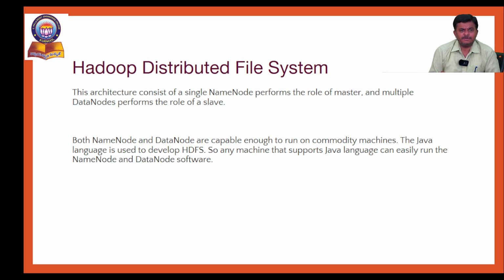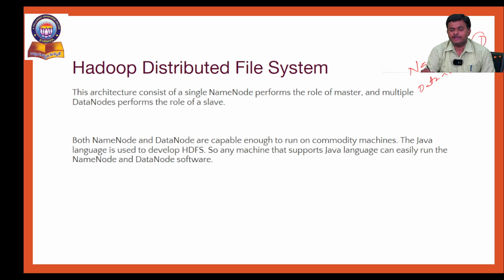We'll see some more details about the Hadoop Distributed File System. This architecture consists of a single name node which performs the role of a master and multiple data nodes that perform the role of slaves. In the HDFS system, we will have the name node, which acts as a server, and there will be only one. Data nodes are simply called clients.